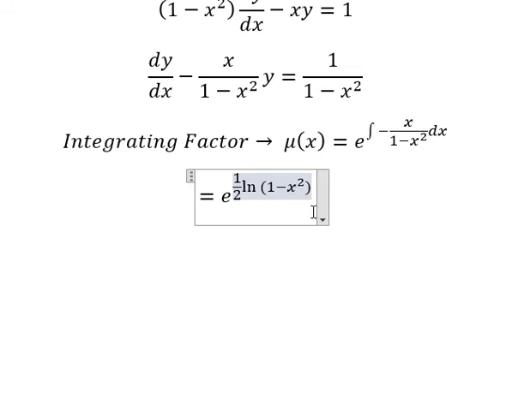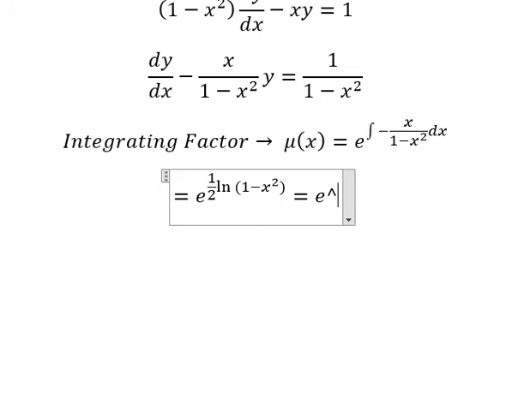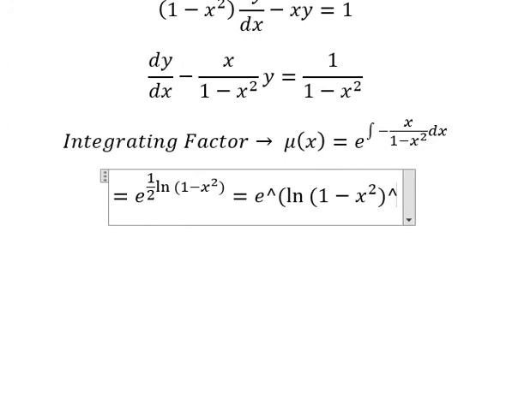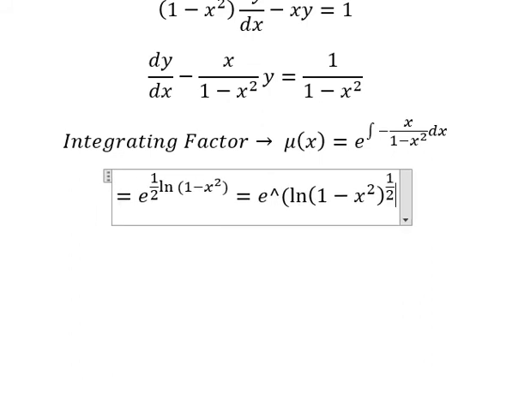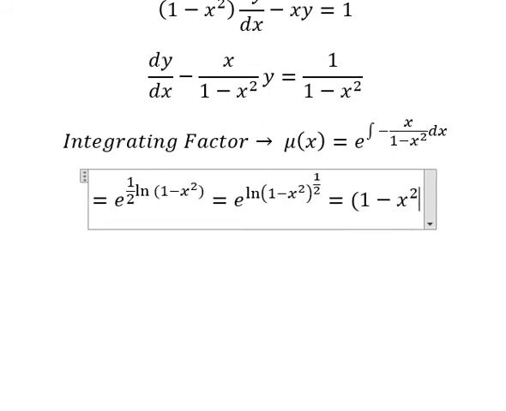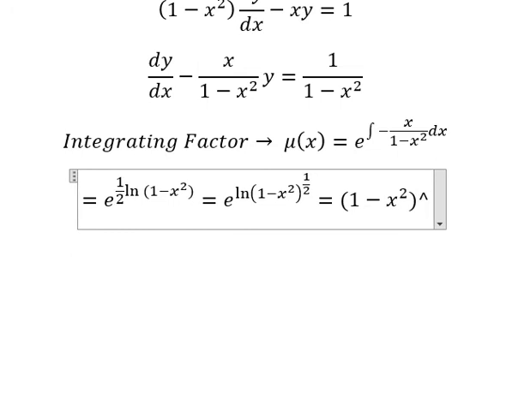And now the number 1 over 2 goes inside the natural log in here. And we have 1 minus s squared, everything to the power of 1 over 2.